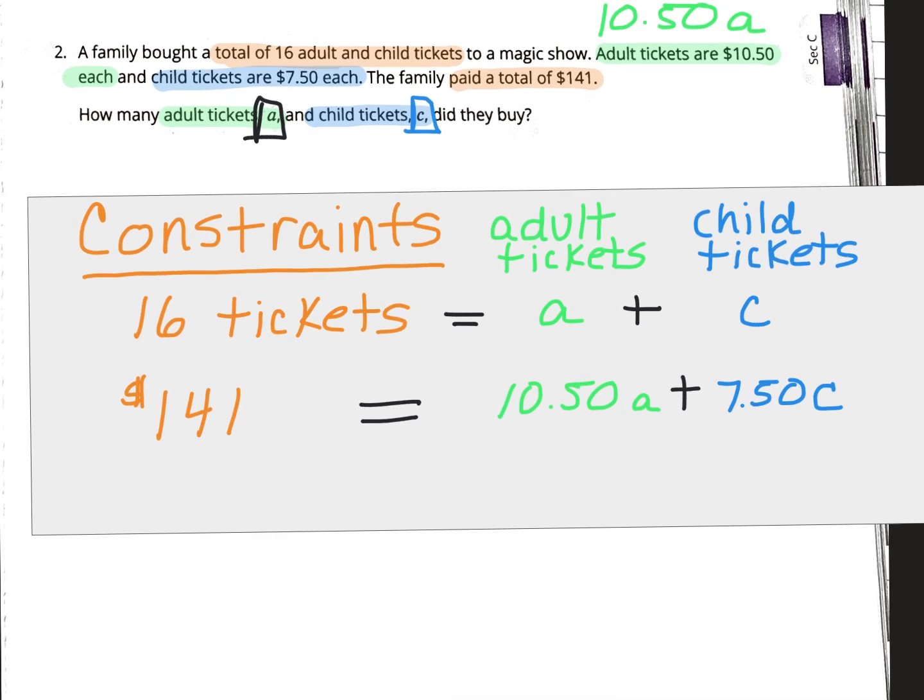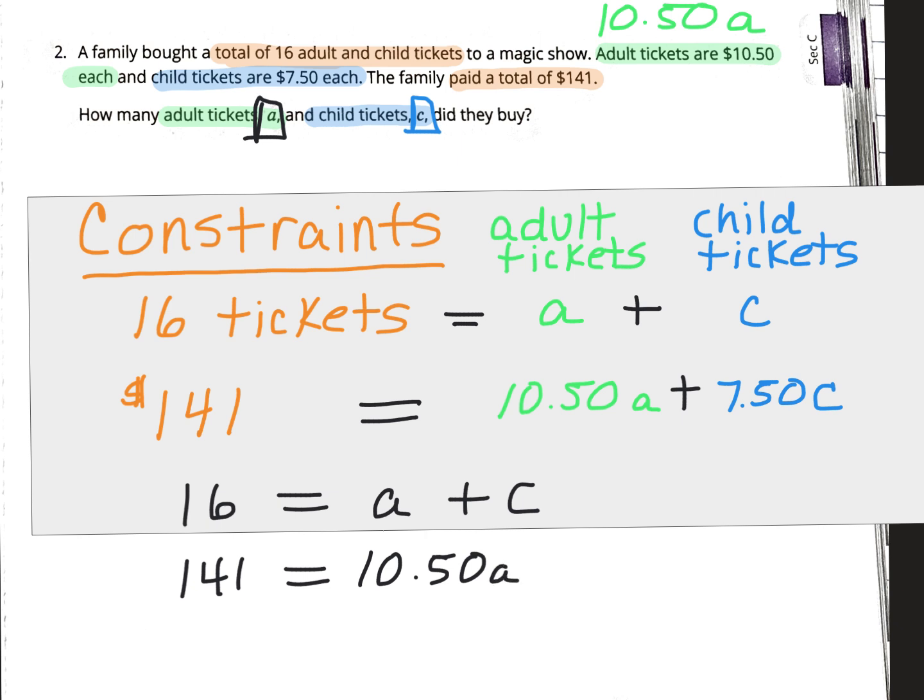So our two equations for this situation are 16 equals A plus C, and 141 equals 10.50A plus 7.50C.